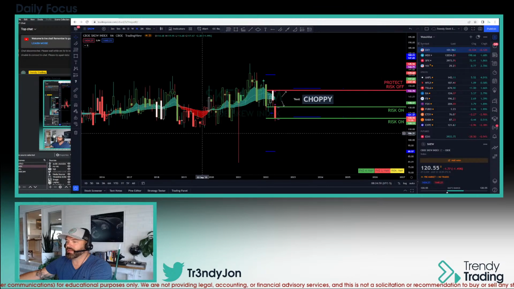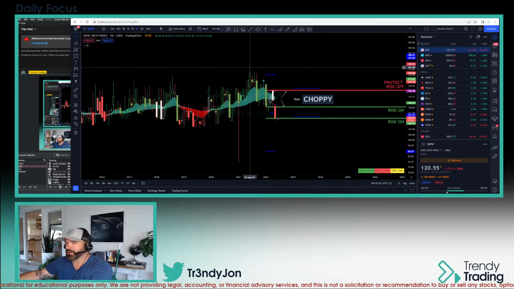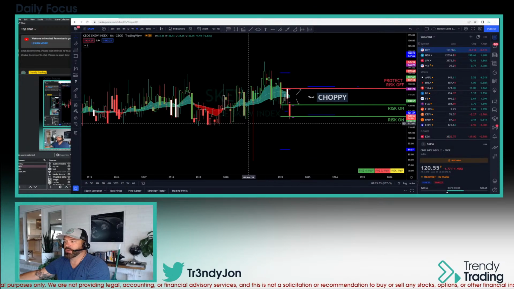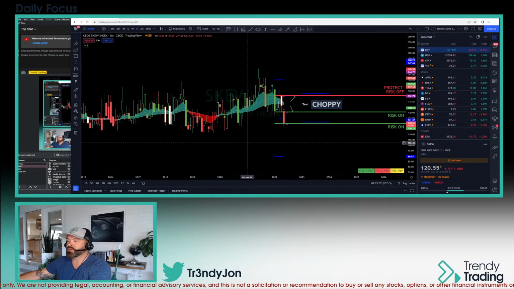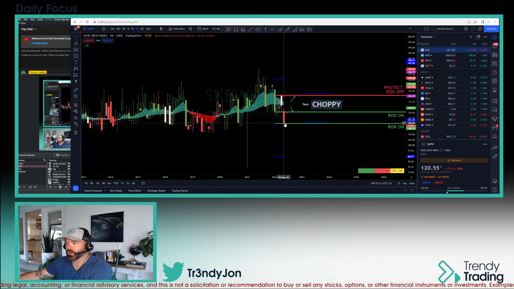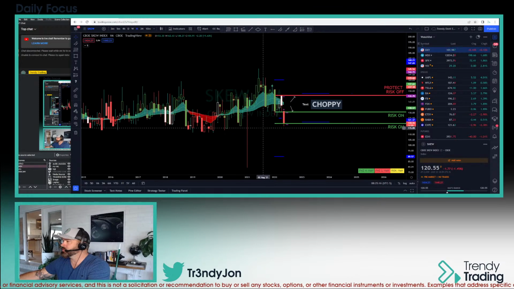And in many cases, if you were to put a SPY chart behind this skew chart, it's going to tell you that when the skew is dropping into risk on, the market is pulling back pretty hard. It's kind of one of those buy fear, sell greed.